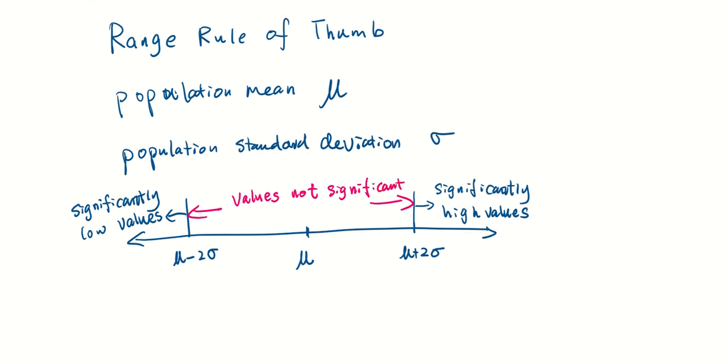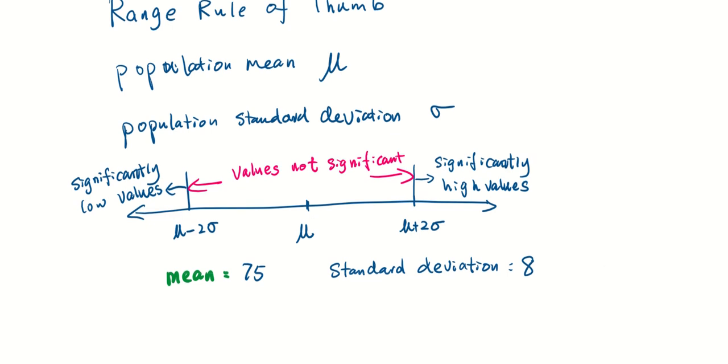Say for a math exam, the mean of the scores is, let's say, 75. And the standard deviation of the scores is, let's say, 8.